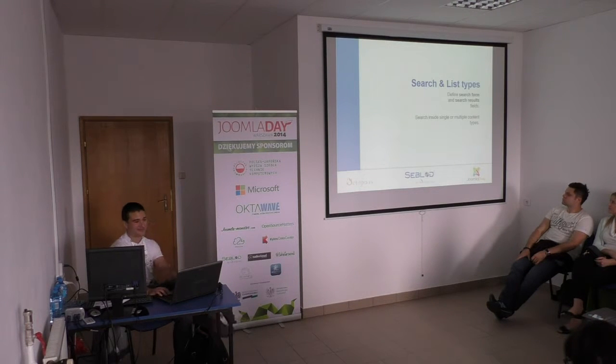Then you have search and list. That's why we say search and list, because this form and content is about one content. Then you have a lot of places where you want to present multiple items in one place. So you either have a search engine like Google, and you have search results.